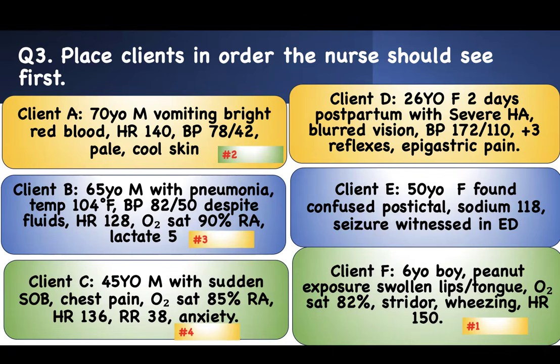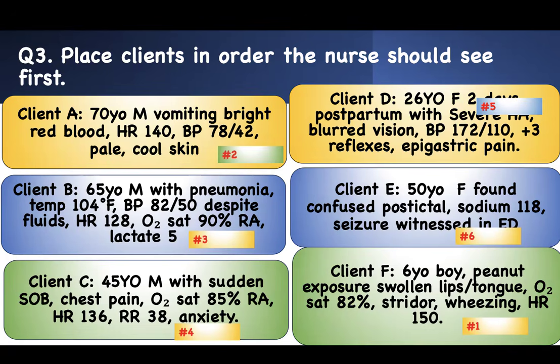But if he is on oxygen, 4 liters, and he's still saturating 85, that tells you we are in another problem. Then you know the post-ictal patient is the last patient. He already had a seizure. You just have to protect him. But a patient who has pre-eclampsia is more important than a patient who already has a seizure. This is the prioritization they're giving you, and you can see this is straightforward.